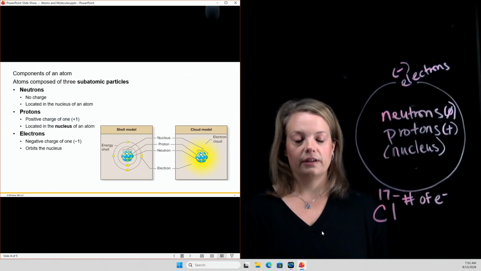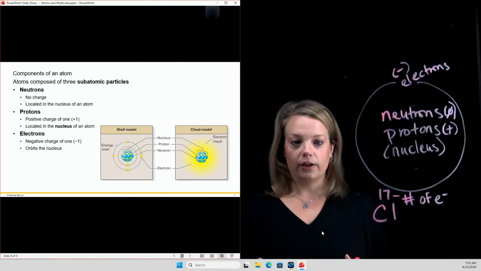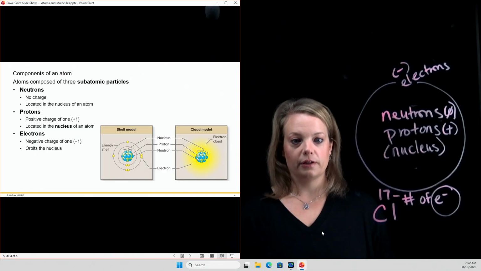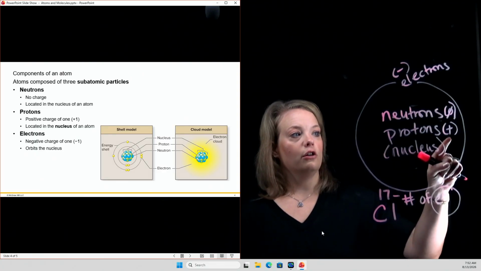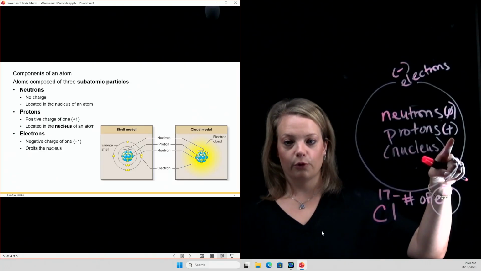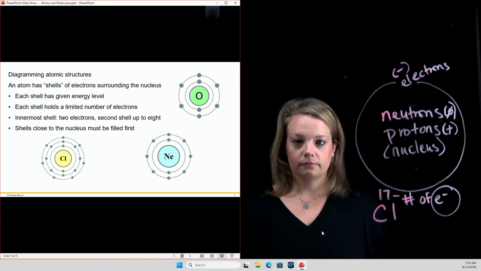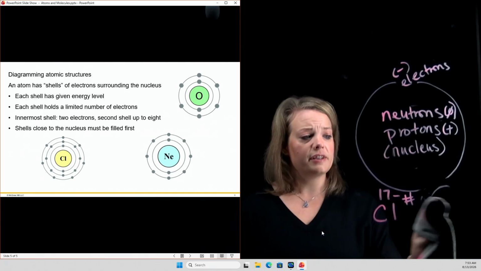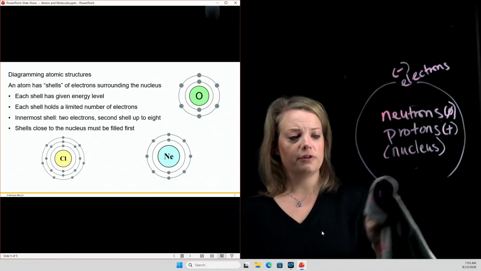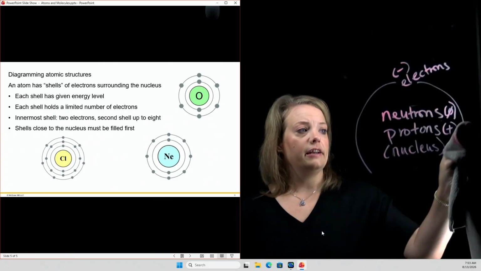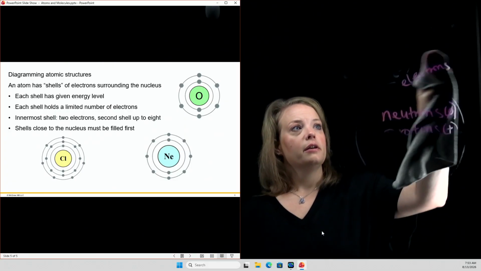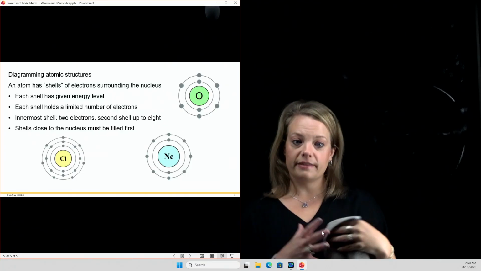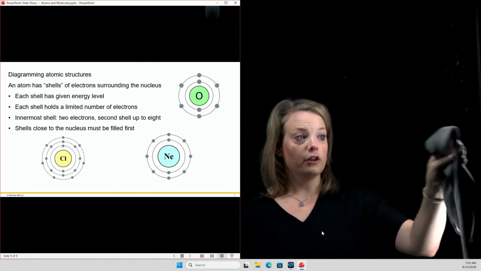And you'll see me use abbreviations for some of these. I use e with a minus symbol to represent electrons, and I'll use a plus sign to represent protons. When it comes to chemical bonding, the most important subatomic particle are electrons, and so that's what we are going to focus on, because chemical bonds are what allow us to put these atoms together to build molecules.